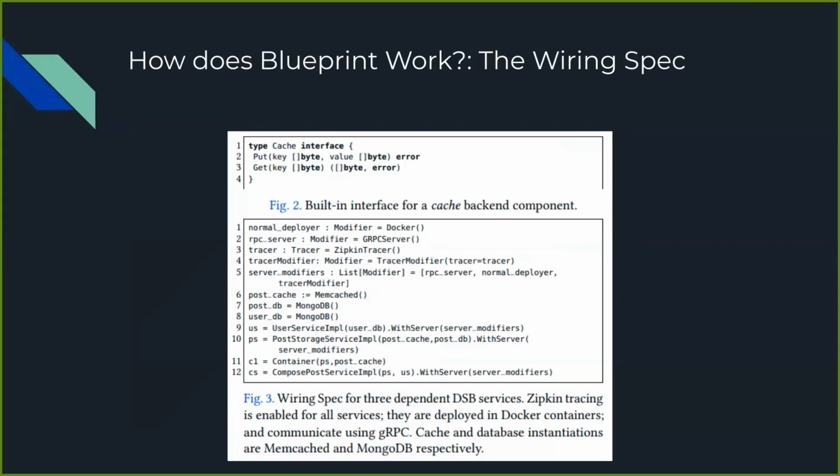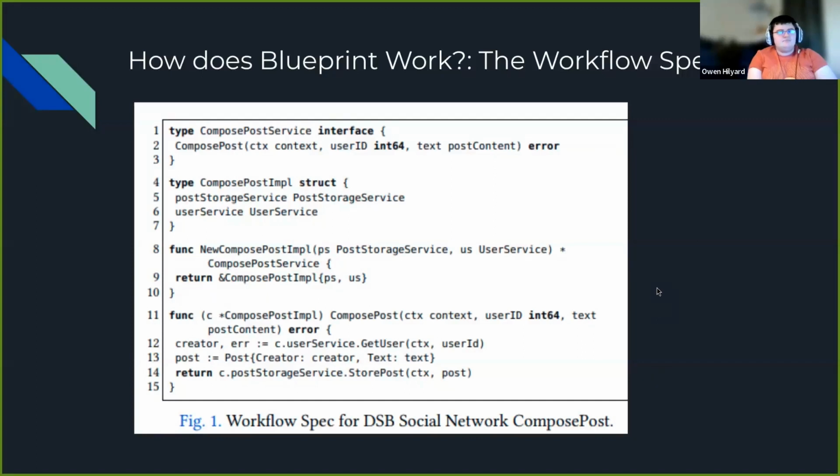Owen, can you go back to the previous slide? Yep. Can you educate me a bit about the Go syntax and tell me more about what's going on here? Is that pointers and the star, is that all pointers or not? Yes. It is a pointer, but it acts a lot like a reference type in Java or C#. And so this one to three here is an interface that requires you implement the compose post function.